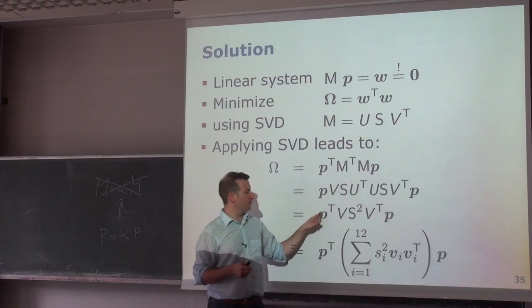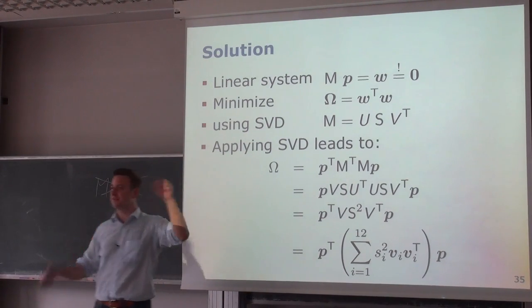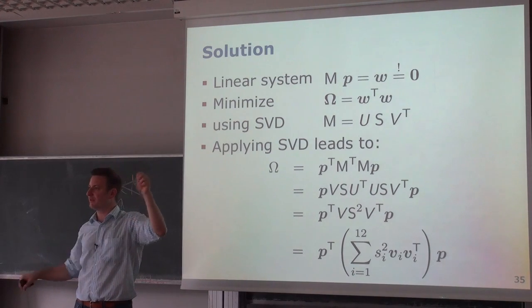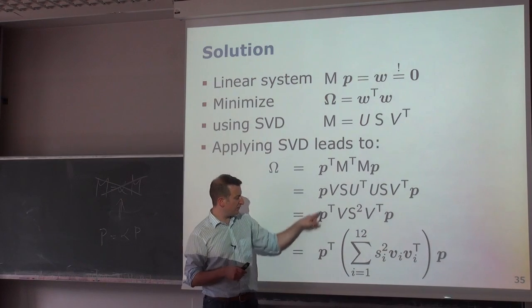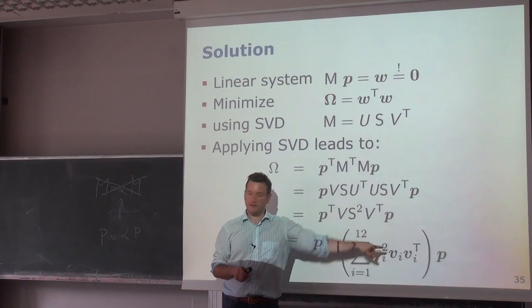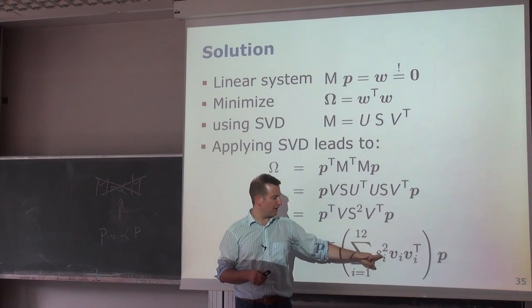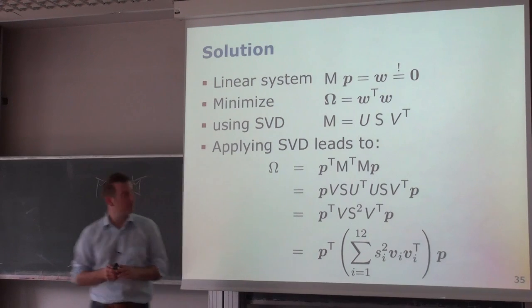So U goes away, I have S squared, which is just a matrix, because there's only elements on the main diagonal, where I just have the singular values on the diagonal squared. So I can express this as my vector P, the sum over the 12 diagonal elements, this is S i squared, and then this vector V. Okay?